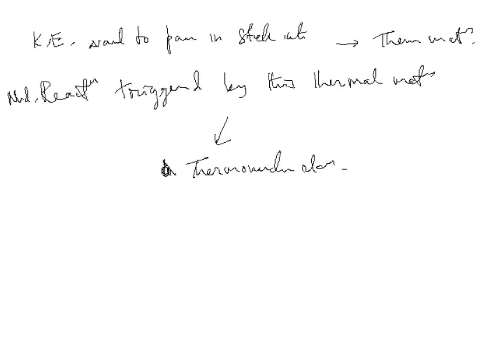Now you see, for values of, say, stellar core temperatures of the order of 10 to the power 7 Kelvin, what is the value of kBT? kBT is roughly of the order of 10 to the power 3 eV. Okay, so you see that your E thermal is much lower.